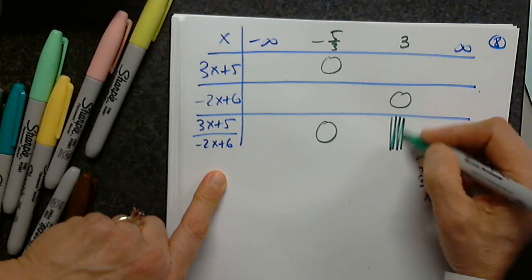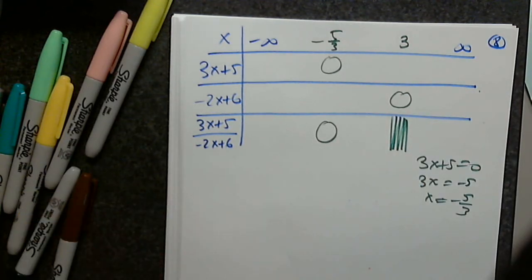Ah, 0 is not undefined. Do we understand why when x is 3, the expression is undefined? Yes? Exactly. So what we learned before doesn't go away right now.